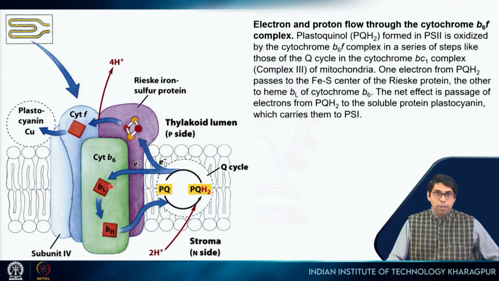So, the electrons are passed off here, ultimately they pass through this iron sulfur cluster into this plastocyanin. In the case of mitochondria we saw there was this soluble cytochrome c. In this case it is a soluble protein which is plastocyanin. So, the net effect is passage of electrons from this reduced plastoquinone to the soluble plastocyanin which carries these electrons to photosystem 1.